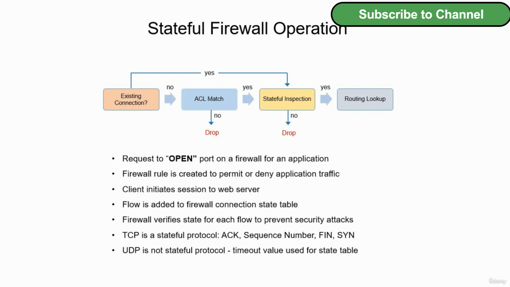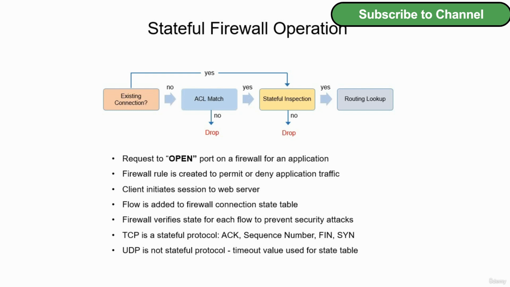So the client initiates a session to the web server. And when it does that, a flow is added to the firewall connection state table. It's the first thing that happens. Then the firewall verifies state for each flow to prevent security attacks. So there are two types of state flow. TCP is a stateful protocol. So the firewall will look at ACKs, sequence numbers, things like FIN flags and SYN flags, and it will know if you start a session, whether it should be a FIN flag or SYN.